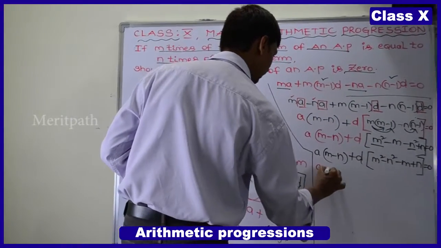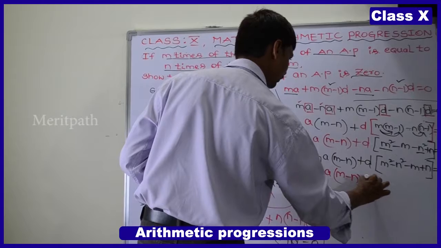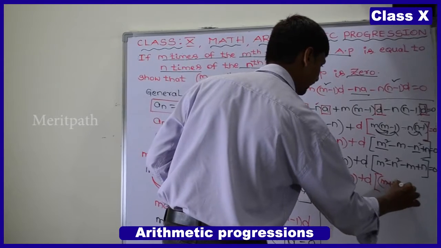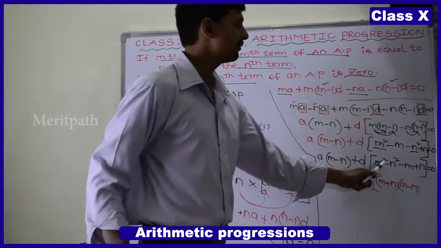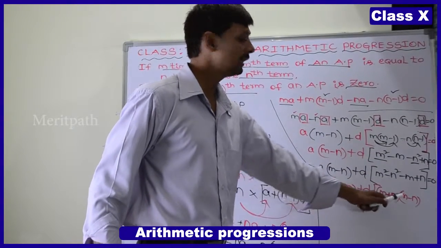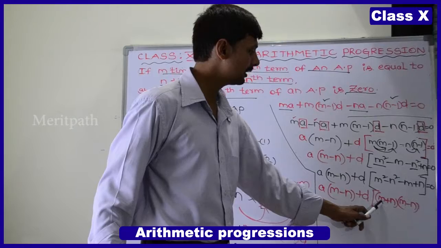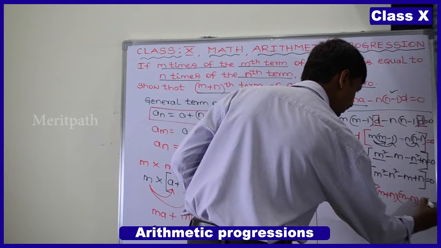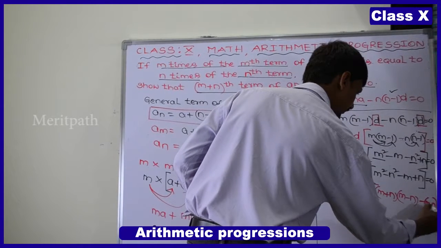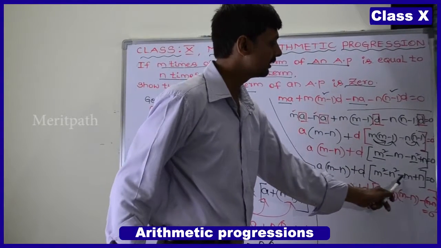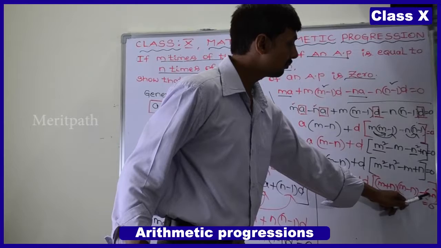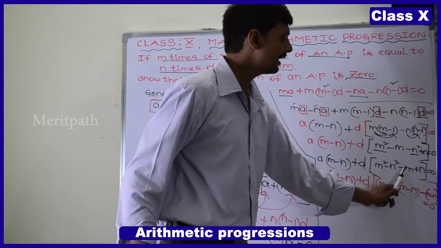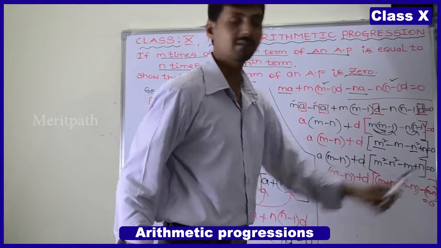Here M square minus N square can be written as M plus N into M minus N, since it is in the form of A plus B into A minus B. And let us take minus common in the last two terms, so that M minus N becomes minus of M minus N.